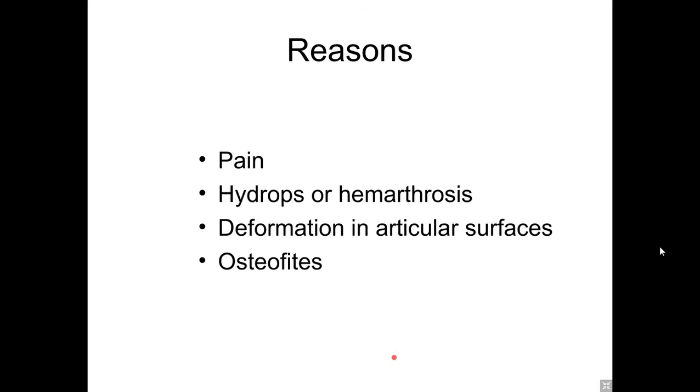Hydrops and hemarthrosis is obviously a frequent reason for contracture. Deformation of articular surfaces is an intra-articular reason for contracture. This deformation could be a consequence of trauma or of degenerative arthritis of the knee joint.